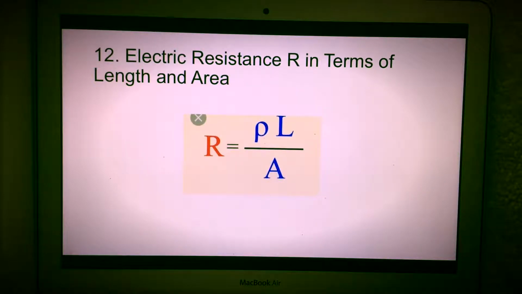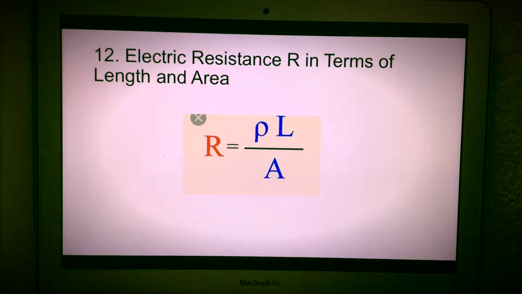Number 12, electric resistance R in terms of length and area. Sometimes we should know the magnitude of the resistance. The resistance depends on the material, the length, and the cross-section area.